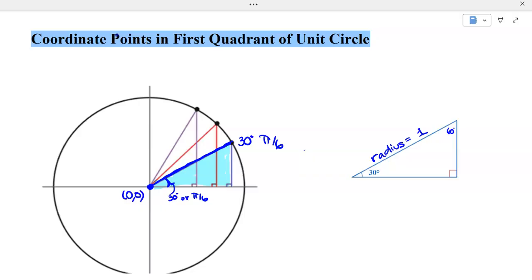So if we know we have a radius of 1, we know the short side is going to be half of that. So the short side is just going to be 1/2. And we know the long leg is going to be the square root of 3 times the short leg, so it's just going to be the square root of 3 over 2.